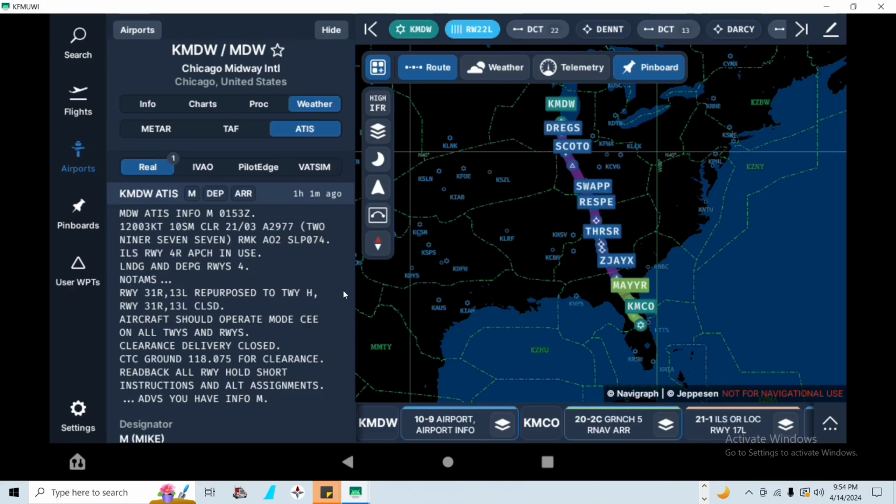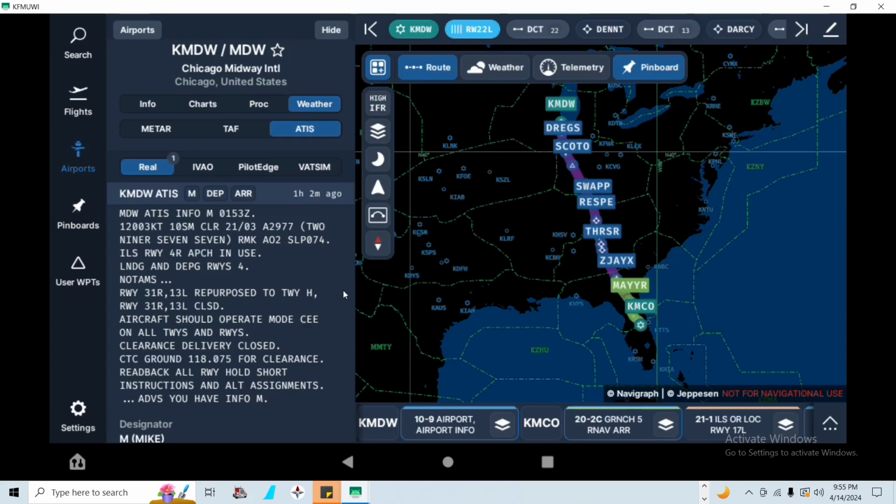So they're landing and departing runways 4. Under that, you'll see NOTAMs, and it'll say runway 31 right, 13 left, repurposed to taxiway Hotel. Runway 31 right, 13 left is closed. So they're using that runway for a taxiway.